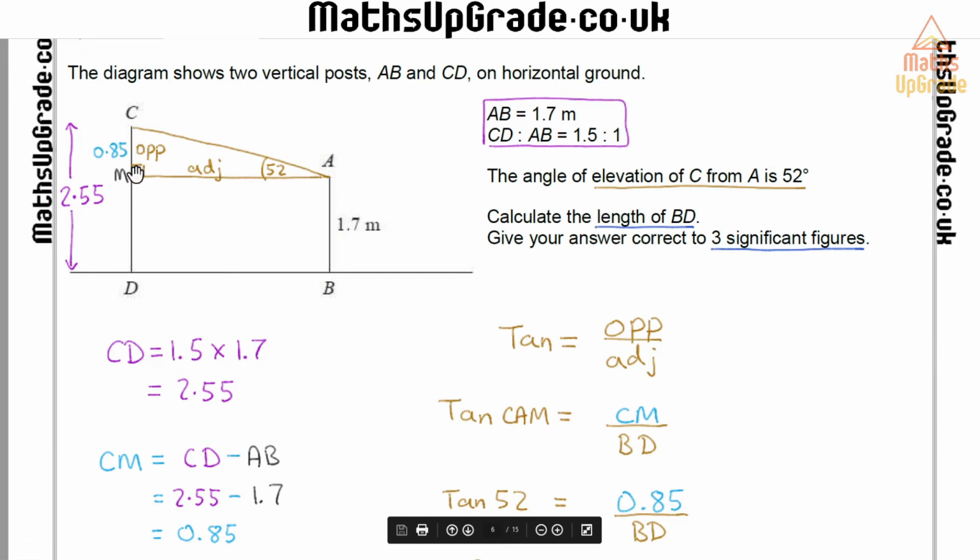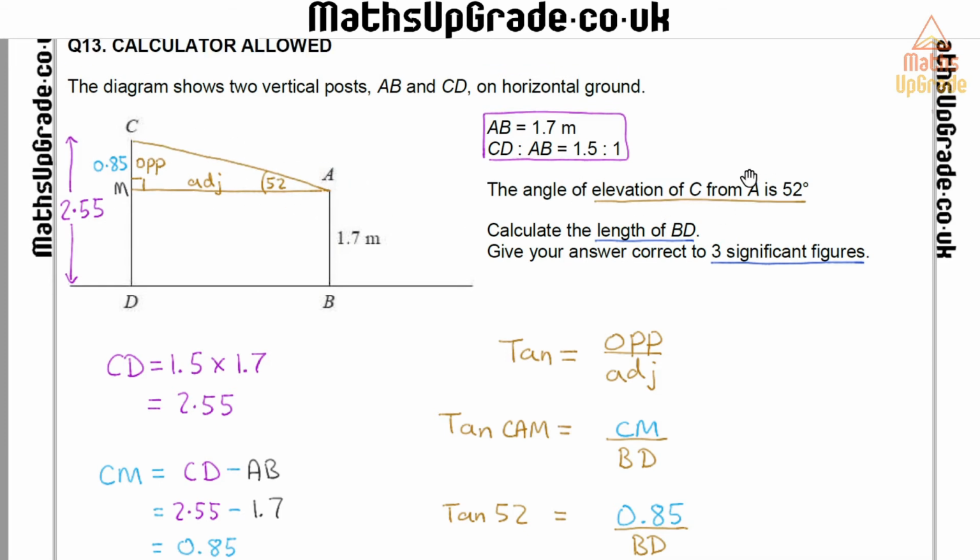Now, since the horizontal ground and the post is vertical, this forms a right angle. So they're perpendicular to one another. So I've got a right angle here. And if I imagine an imaginary line going straight across here and the direct line from there to there, I've got a right angle triangle.